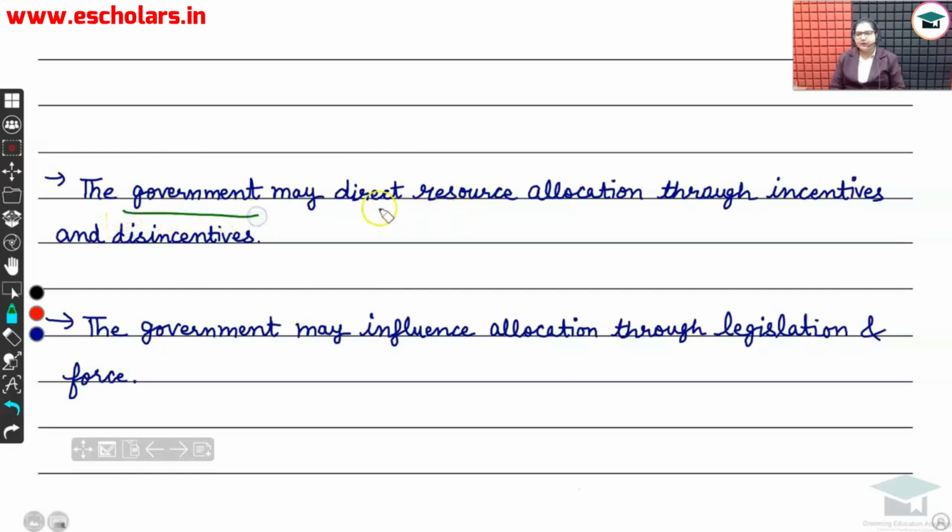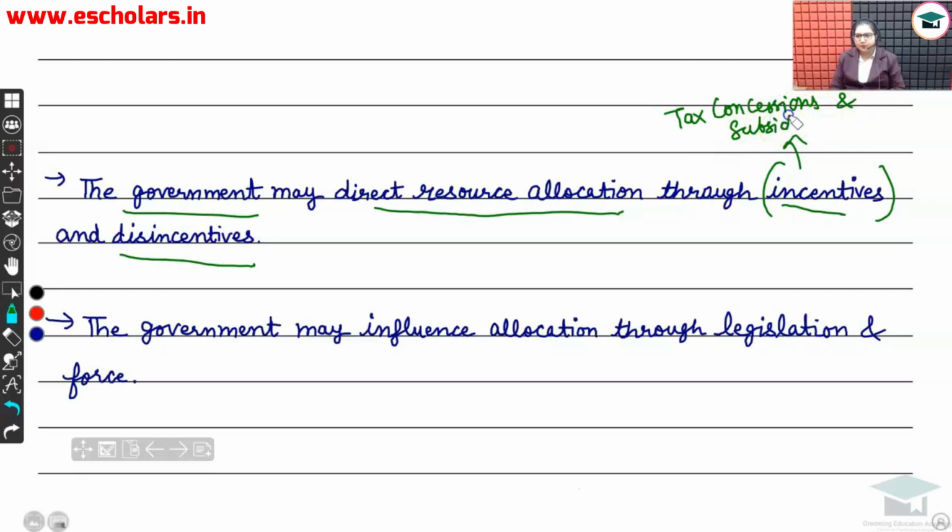Further, the government may direct resource allocation through incentives and disincentives. That is, the government may provide the incentives of tax concessions and subsidies on the production and consumption of merit goods, so that the production of merit goods can be increased in the economy.